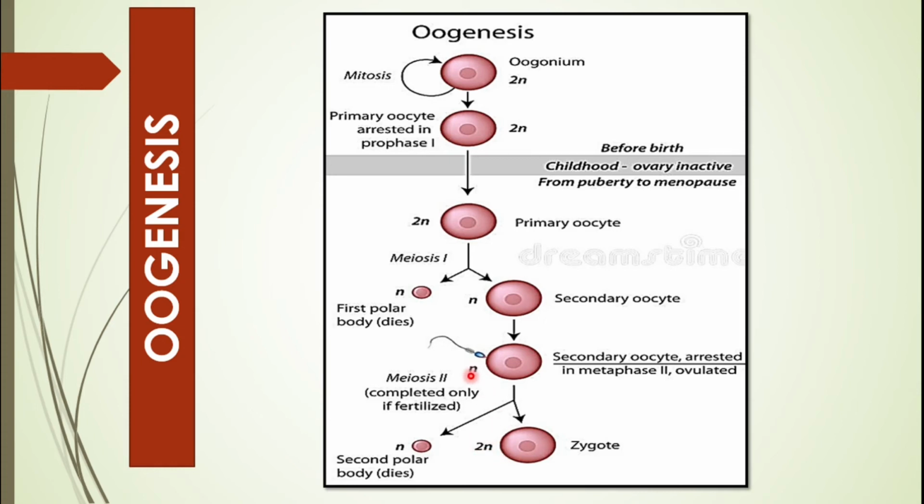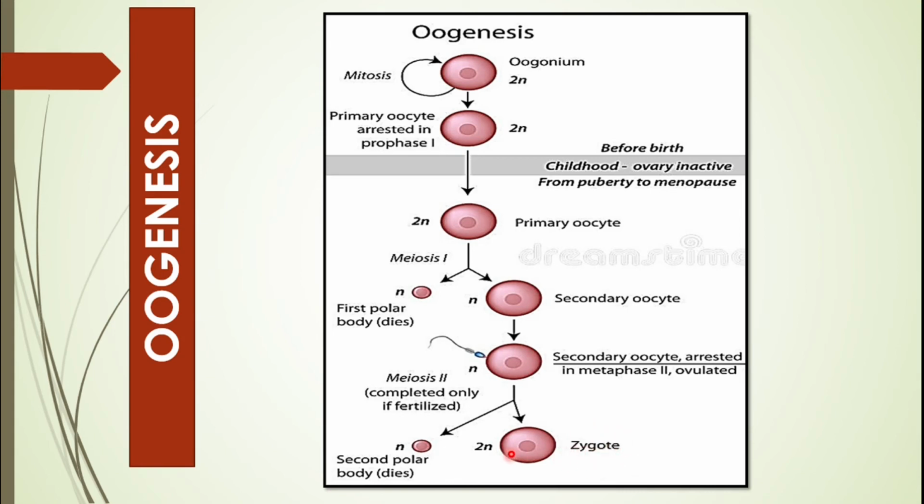Why does it become diploid? Since there's an entry of a sperm, and since the secondary oocyte already has a haploid chromosome number, the newly formed cell is known as the oocyte, or some people even refer to it as the zygote.